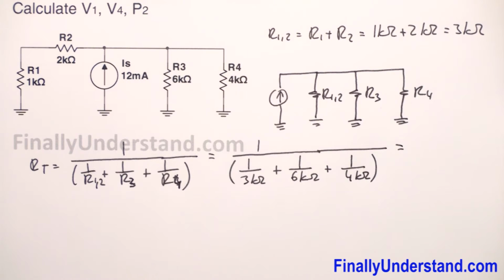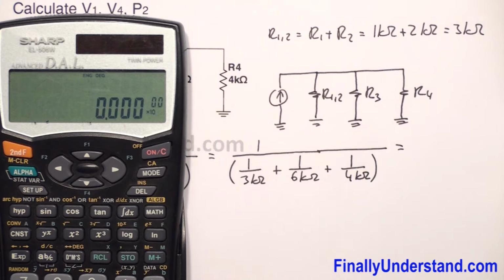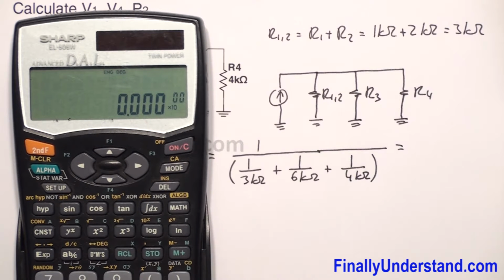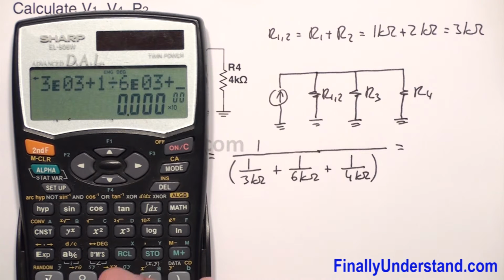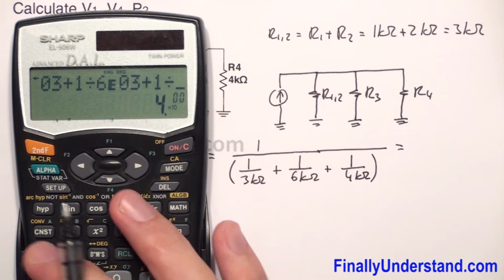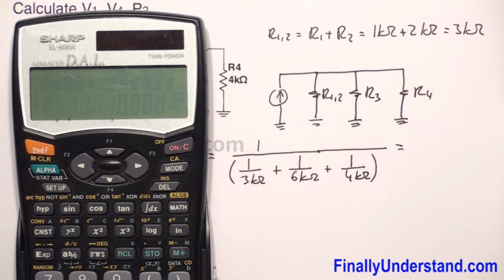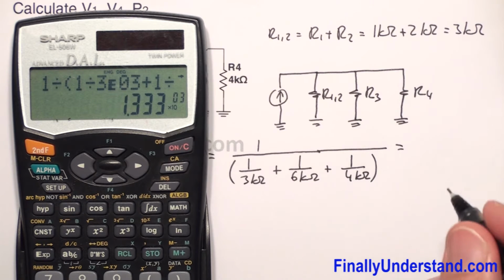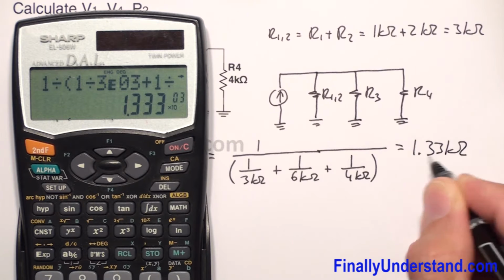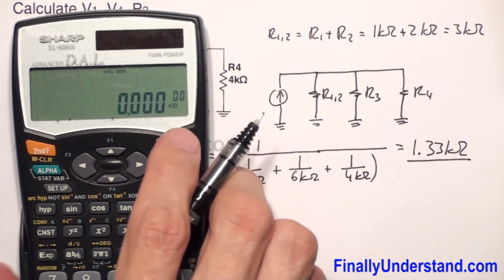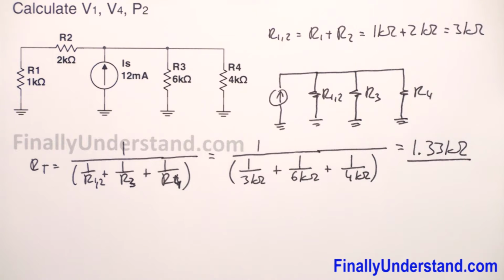This is equal to 1 divided by, open parenthesis, 1 divided by 3 times 10^3 plus 1 divided by 6 times 10^3 plus 1 divided by 4 times 10^3. This is equal to 1.33 kilo ohms. Okay, so this is the total resistance of my circuit.